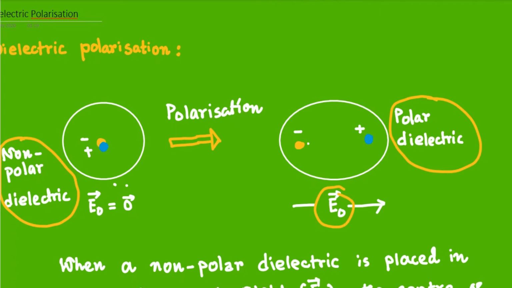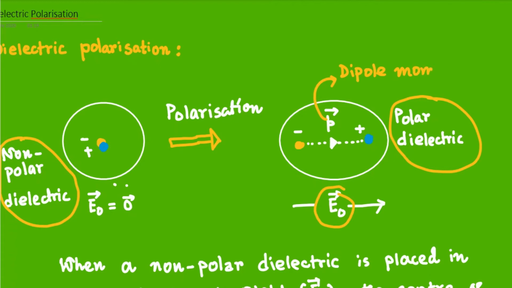So in this case, the center of positive charge will be separated from the center of negative charge, and a tiny electric dipole moment will be induced in the dielectric, and this electric dipole moment will act from negative charge to positive charge.